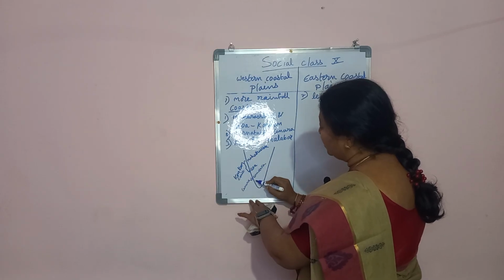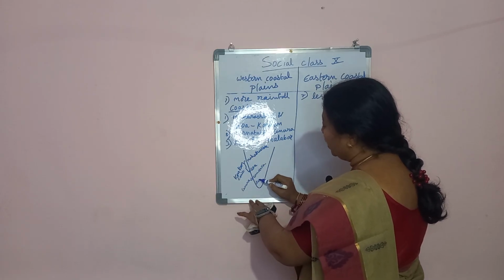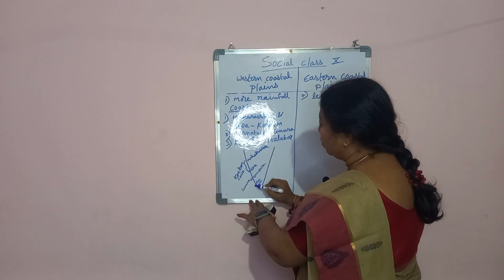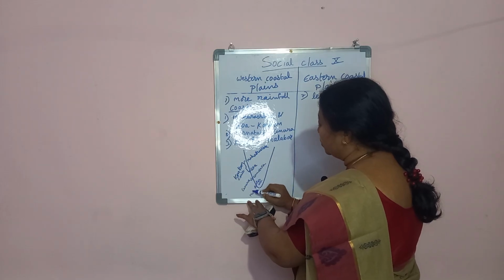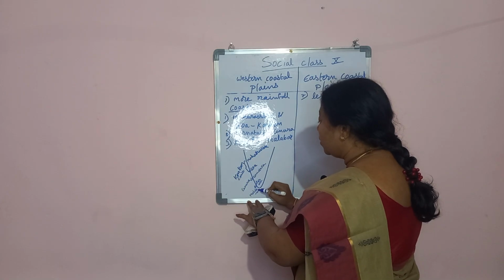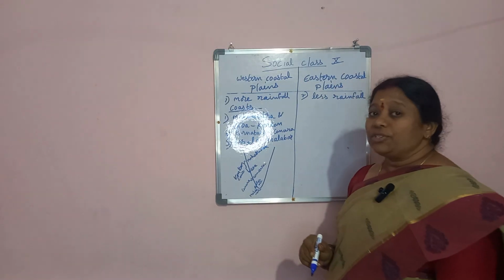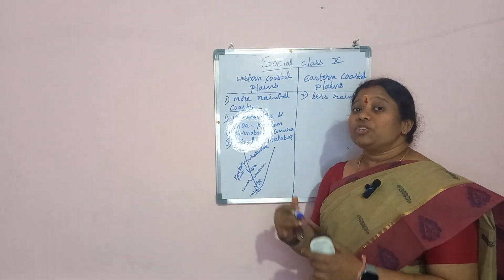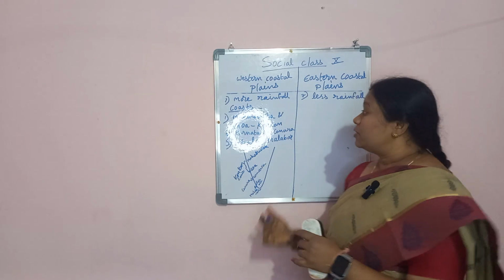And next here lies Kerala. Kerala coast is called the Malabar coast. So you can present in this way also, by which there is a chance to get more marks and which makes your paper different from other papers.